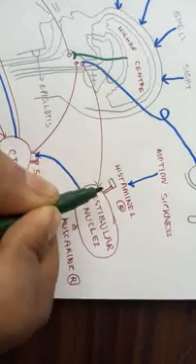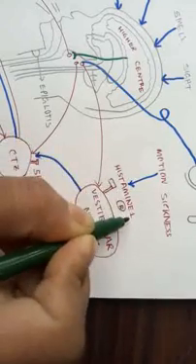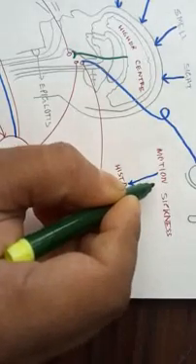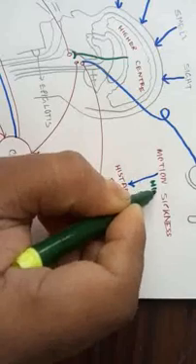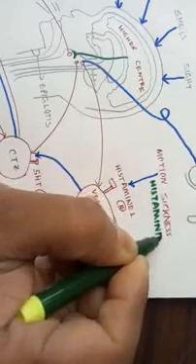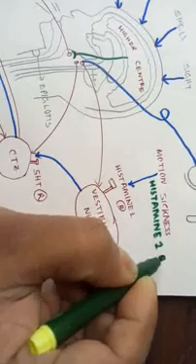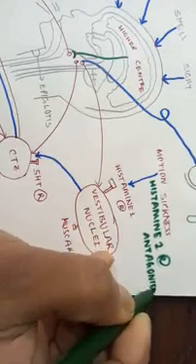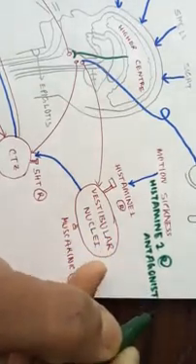So, the first one is histamine 1 receptor antagonist. Those are also called histamine blockers or antihistaminics. For example, the first one is promethazine.